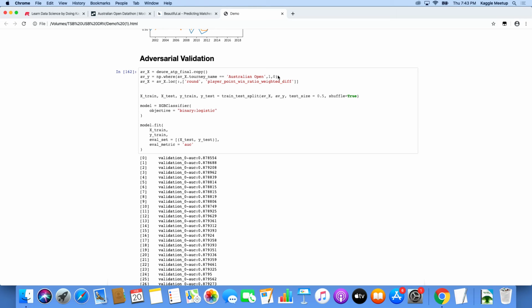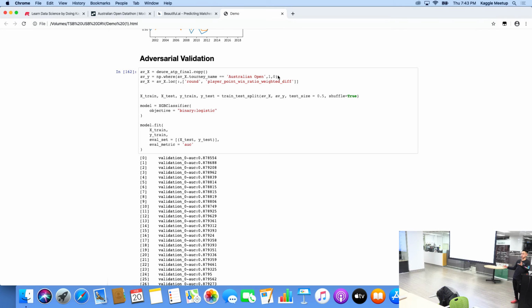So if your machine learning model or any other classification algorithm can reliably distinguish between the two, then you probably don't want to be including both in your model. Because we sort of assume from a statistical point of view that they're coming from the same population. So if that assumption breaks down, or if you can disprove that assumption or provide evidence against it, then you probably don't want to be including both if you're only predicting for the Australian Open. Does that make sense to everybody?